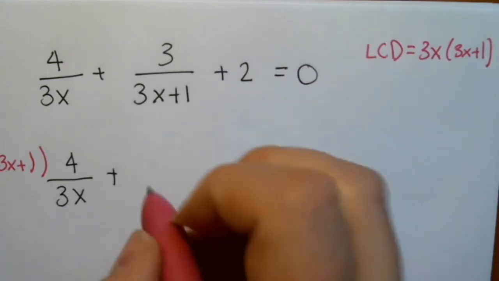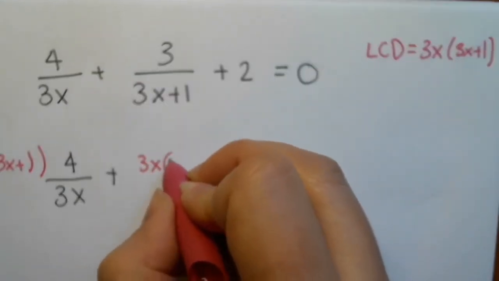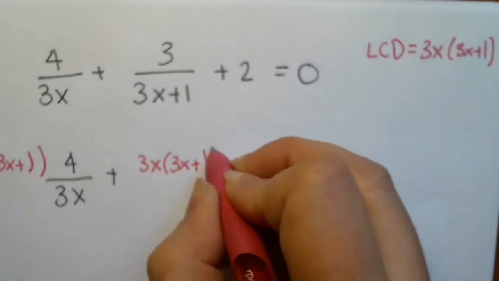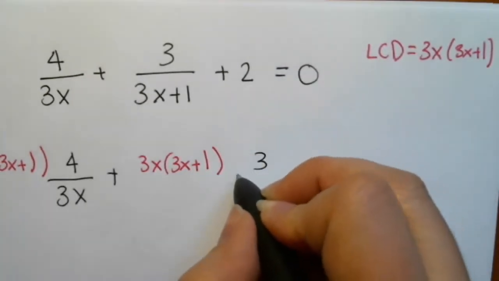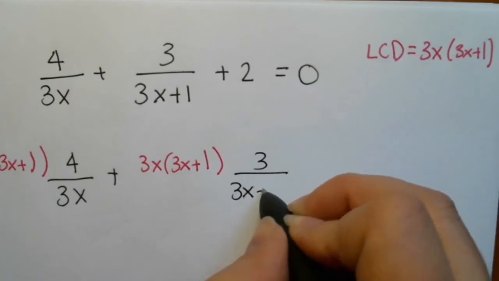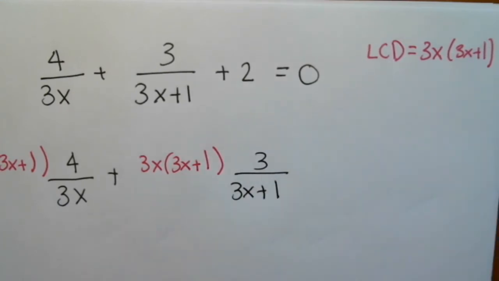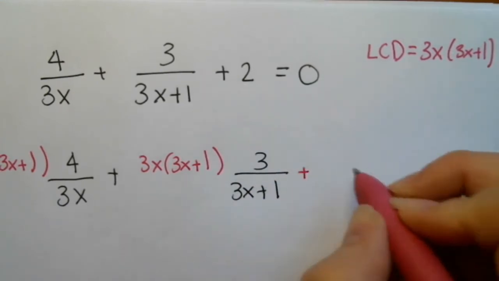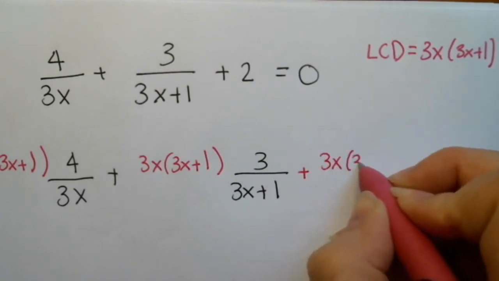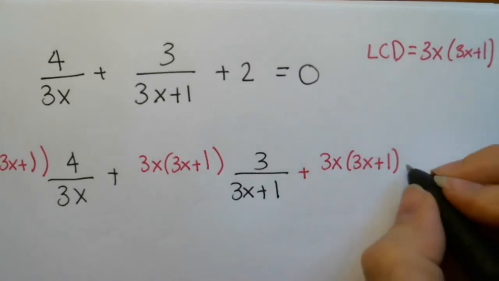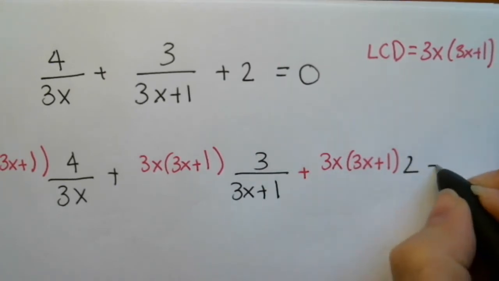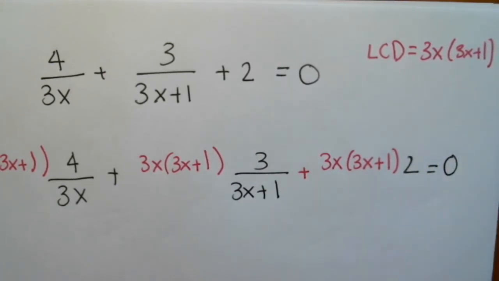Then I have the LCD 3x times 3x plus 1 times the original term, which was 3 over 3x plus 1, plus 3x times 3x plus 1 times the original term, which is 2, equals 0 times the LCD 3x times 3x plus 1.